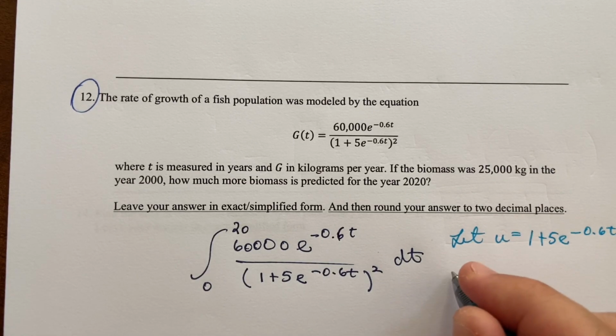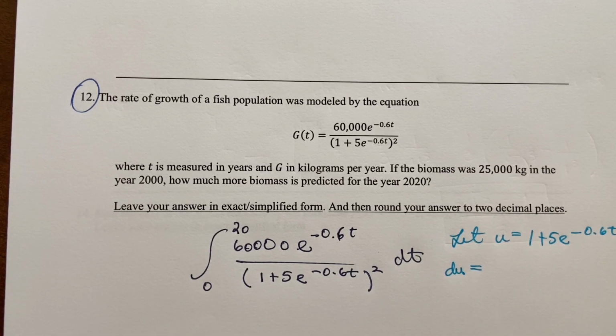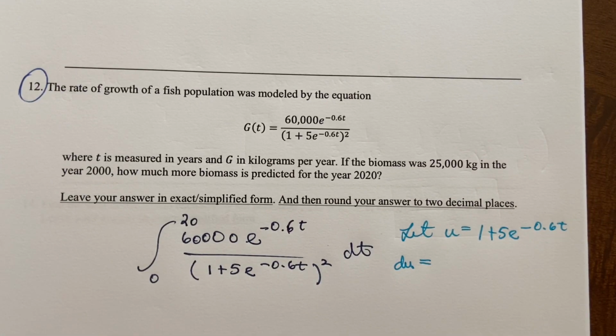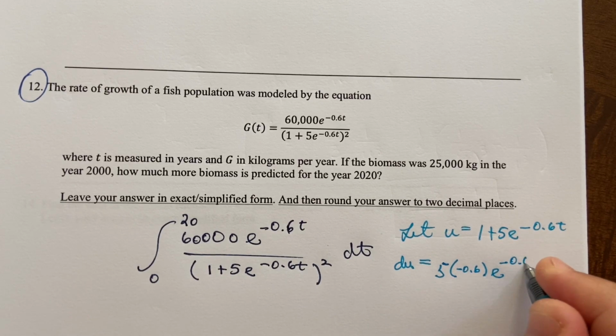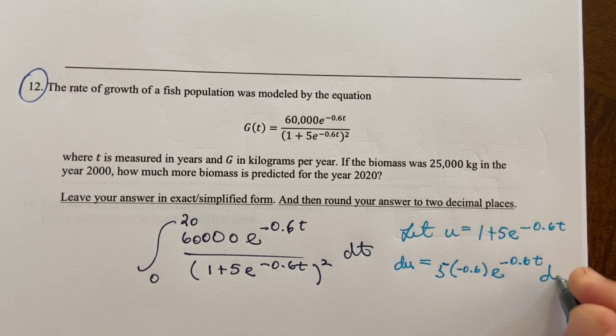And that way du, so go ahead and you can imagine the chain rule taking effect. The derivative of 1 is 0. So eventually we'll get 5 times negative 0.6 e raised to the negative 0.6t dt.